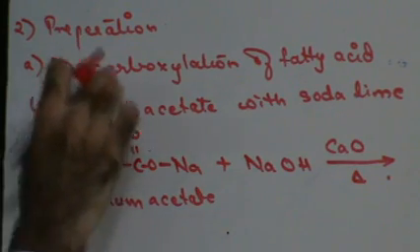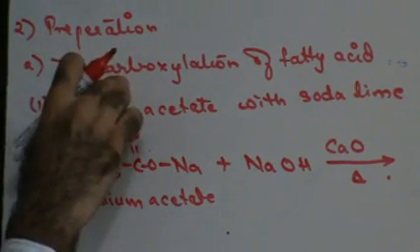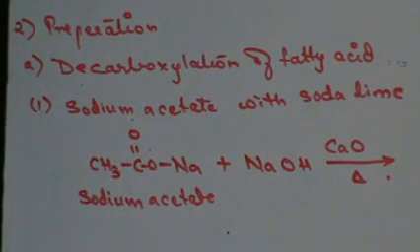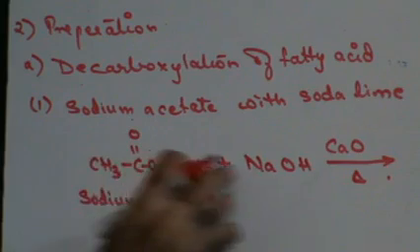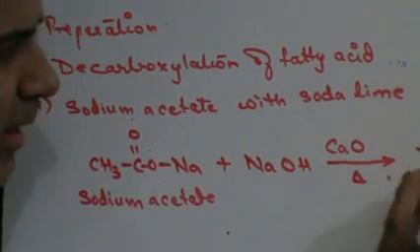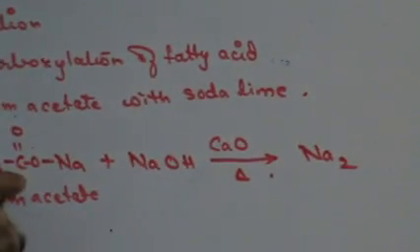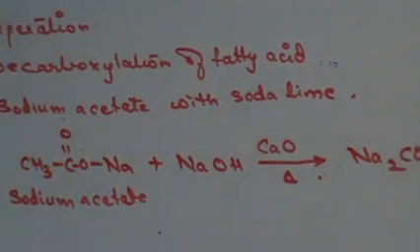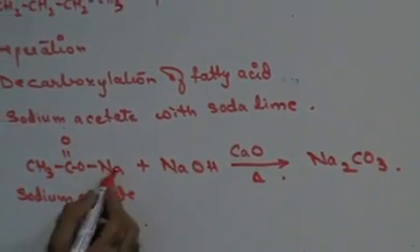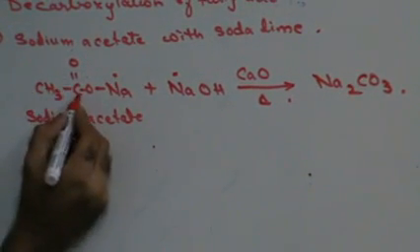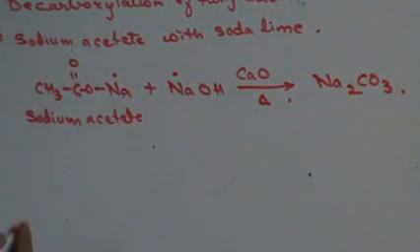In which case decarboxylation, that means de means remove, carbo means remove carbon, oxy means remove oxygen. So you have to remove carbon and oxygen. If I remove carbon and oxygen, this sodium will combine with this sodium to give you Na2CO3. 3 oxygens gone.